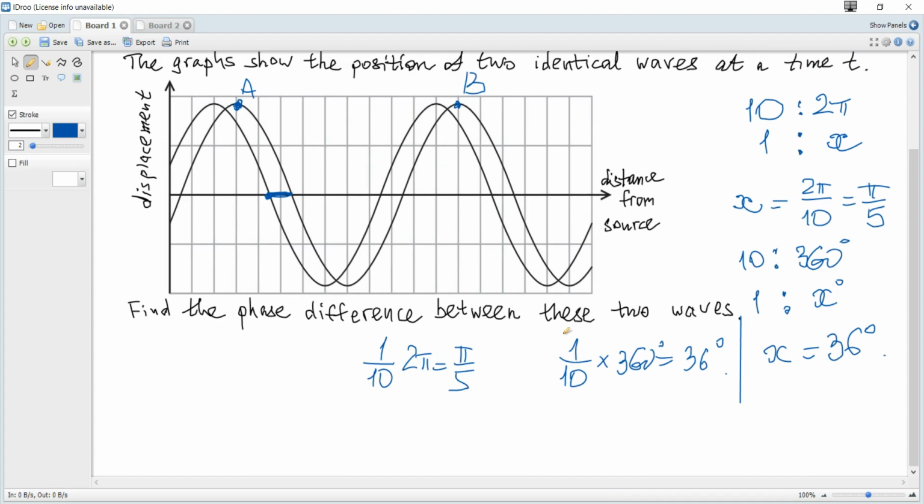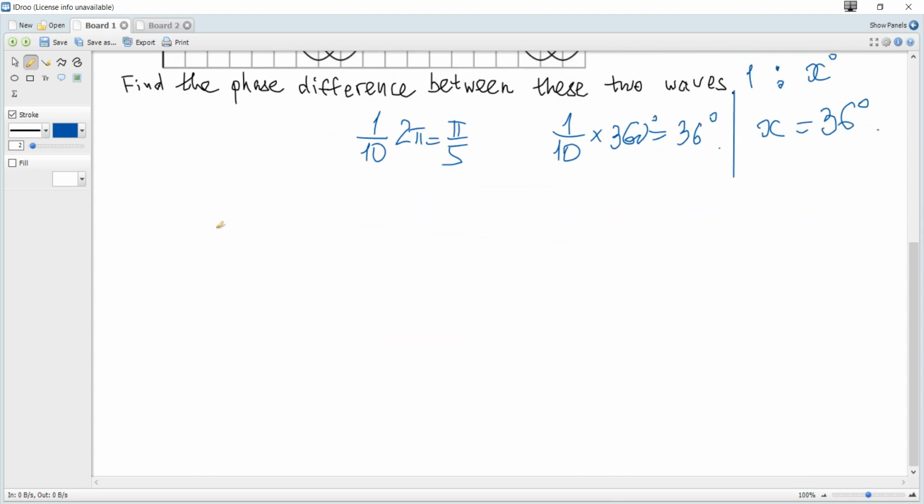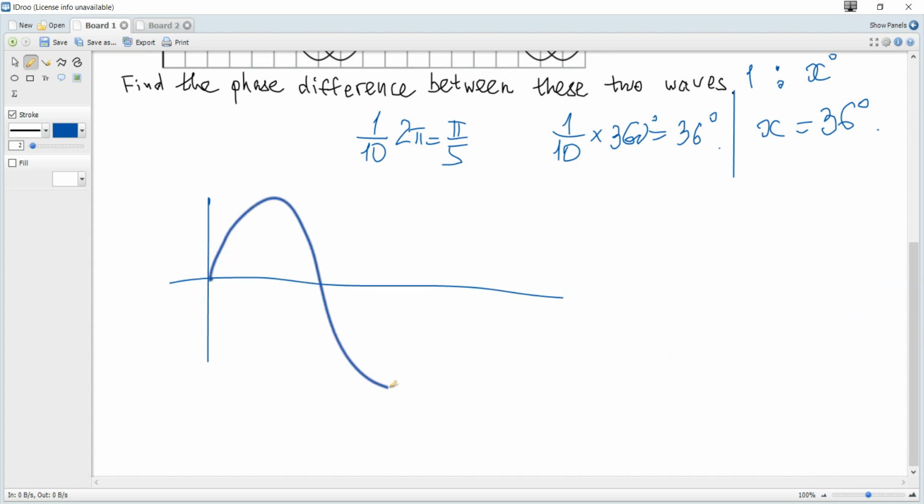And that's when we have two waves, but the phase difference may also be for the same wave, between 2 points. For example, point A and point B, and we can see that A and B are shifted by a quarter of a wavelength or time period, or by a quarter of one complete oscillation.